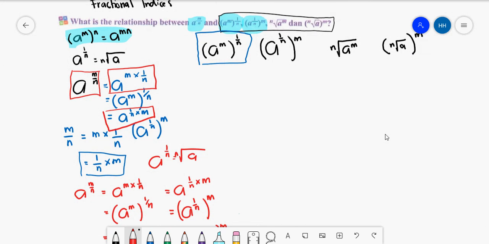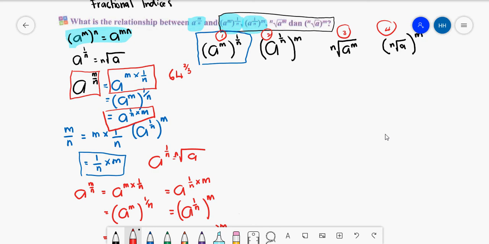So let's check an example. Let's say you have 64 to the power of 2 over 3. Just now we used m over n, but now we use numbers. 64 to the power of 2 over 3 can be written in the first form, in this form, in this form, and in this form. So you must be able to write this number in the 4 forms.